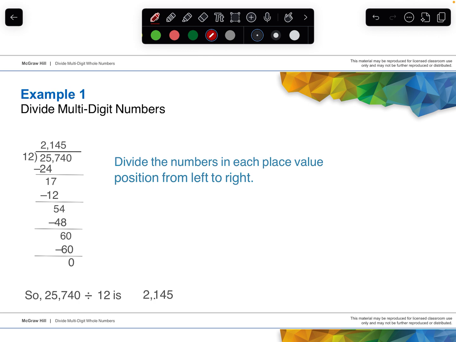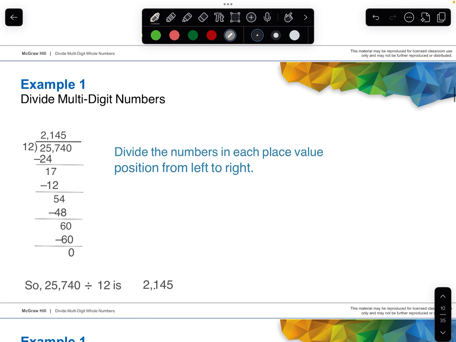So if we first look at 2, I'm just going to block out everything else. 2 cannot be divided by 12, which is why we're dividing 25 by 12. That gives us 24, since 12 times 2 is 24, so we can write that down here. So 25 minus 24 gives me a 1. I bring down the 7.